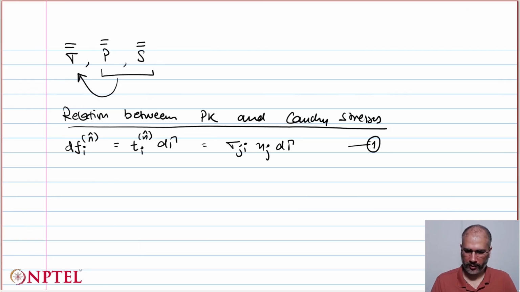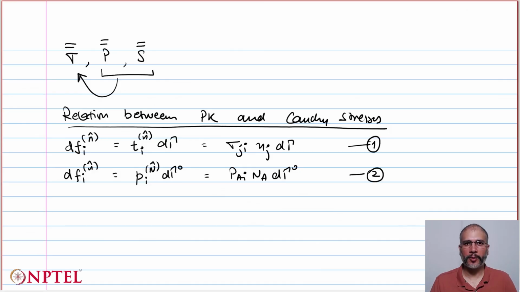Let's call this 1. And similarly, this force vector is written using the stress vector P n hat times dΓ naught, which using PK1 becomes P_iA N_A dΓ naught.